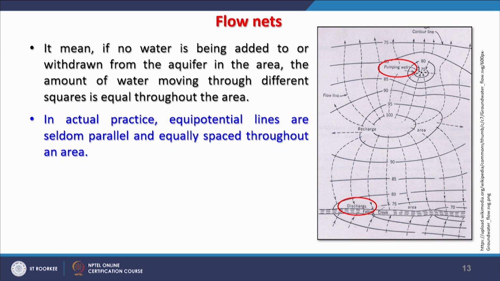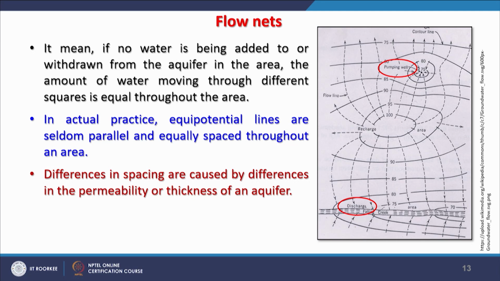Why are they not parallel? Because we know that aquifers are neither homogeneous nor isotropic. They are heterogeneous and anisotropic, vertically and horizontally in both directions. Therefore, it is not possible to have contour lines parallel to each other except in purely theoretical assumptions. Differences in spacing are caused by differences in the permeability or thickness of an aquifer.